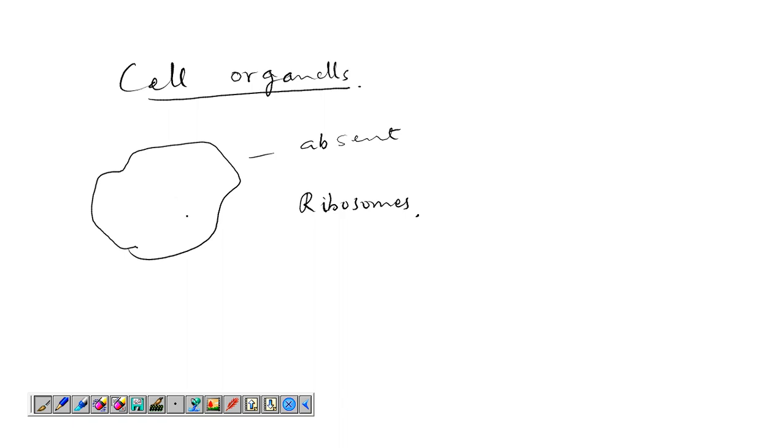So we'll take one example of bacteria, because bacteria is also a prokaryote. And first I'll mention few prokaryotes, one is bacteria. Then we have blue-green algae.